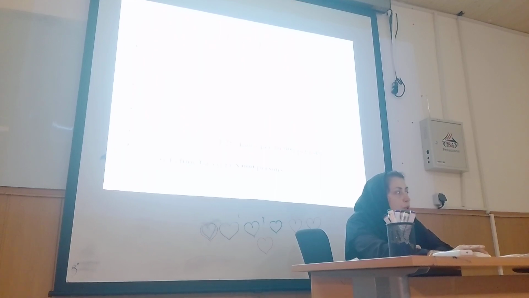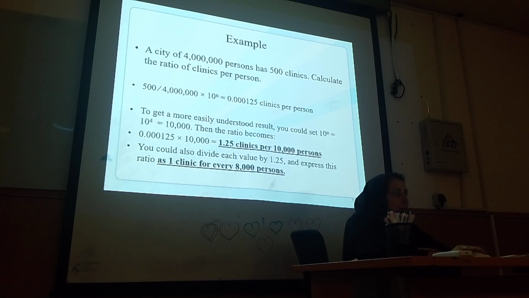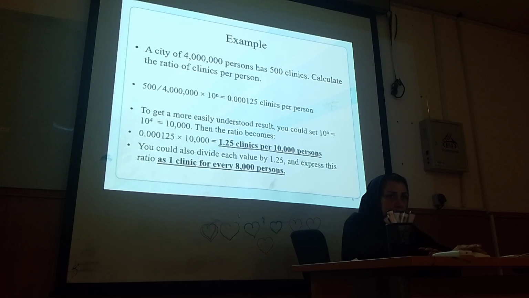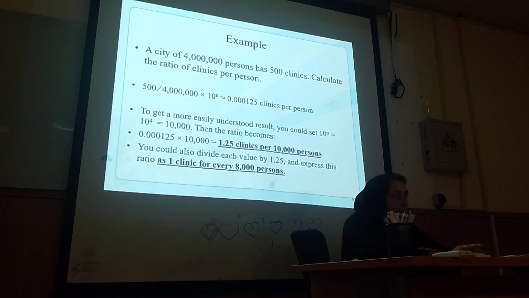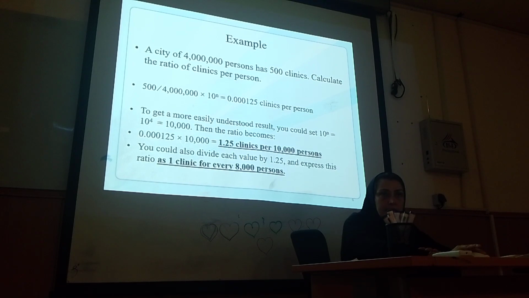But 1.25 clinics doesn't make sense because we don't have a quarter of a clinic. So we can translate it again. If we divide by 1.25, it could be 1, and 10,000 divided by 1.25 would be 8,000.